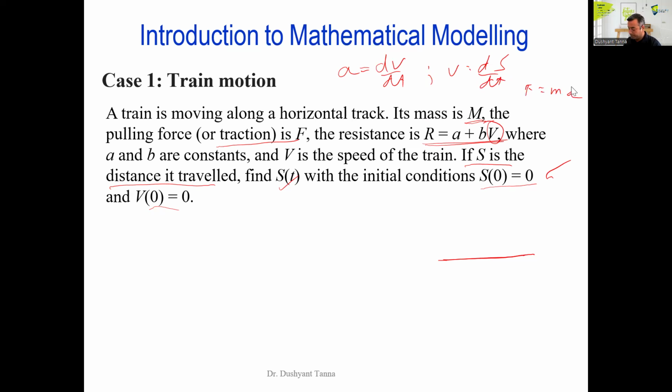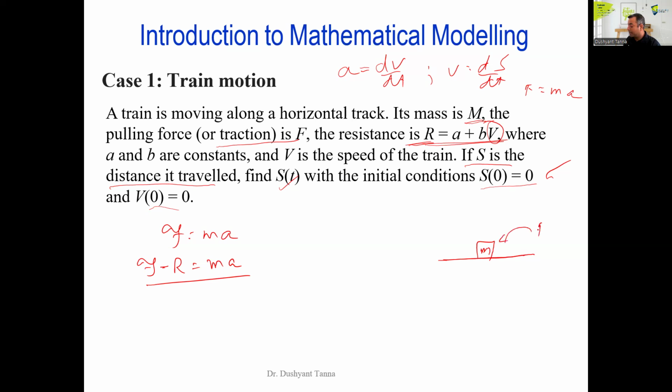Now the resistance is also a force as well. So we start with F is equal to ma. In this instance, since there is a resistance, the resultant is F minus R is equal to ma, where there is this mass m.